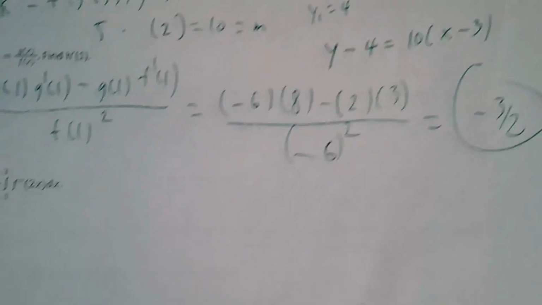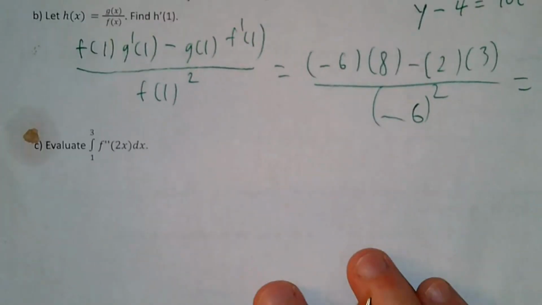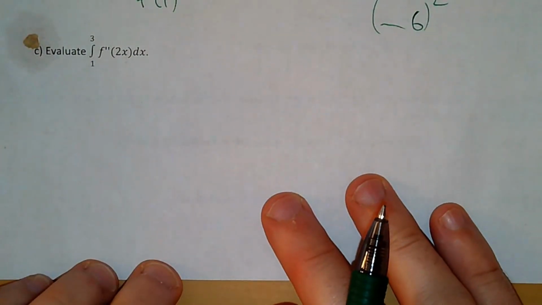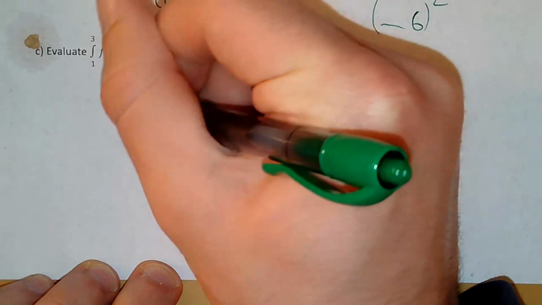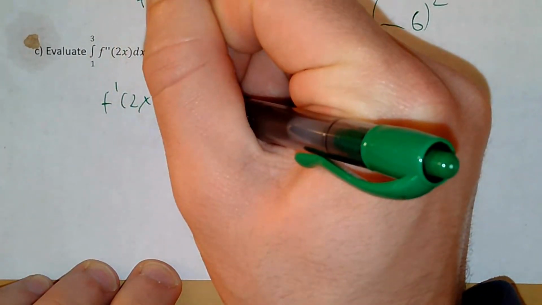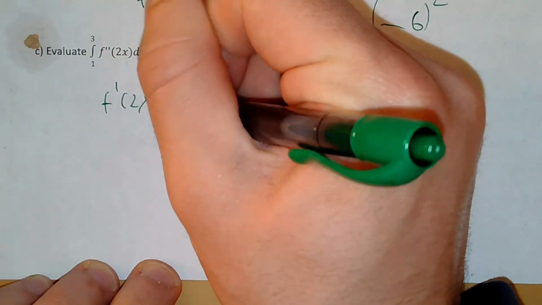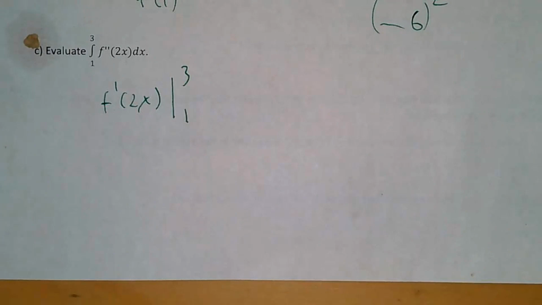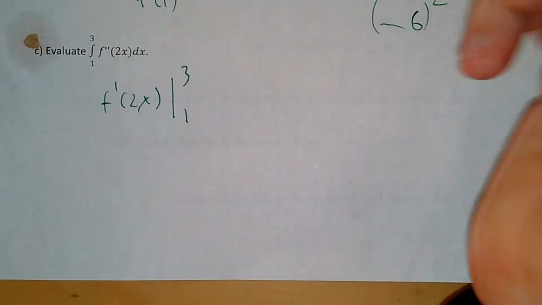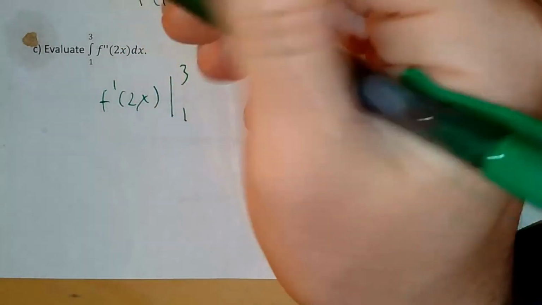Okay, the last one here, this is the fundamental theorem of calculus. Sorry about the stain left. This is the integral of f prime of 2x from 1 to 3. However, we haven't learned this yet, so I'm not expecting you to know this. This is due to a thing called u substitution.